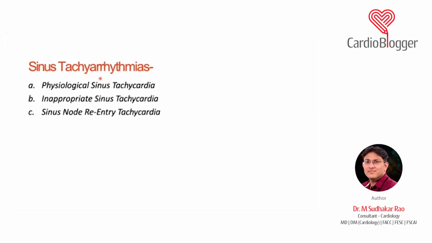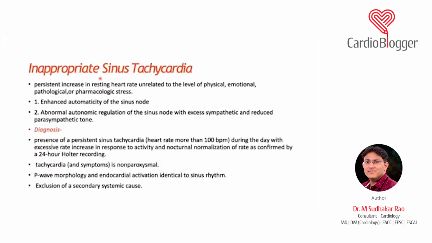sinus tachycardia. Now, what is inappropriate is, as I already told you last time, the normal or appropriate sinus rate for a normal patient of 40 years will be 220 minus age. That is, 220 minus age of 40, then it is 180. So if the patient can achieve more than 85% of the 180, then it is inappropriate sinus tachycardia.